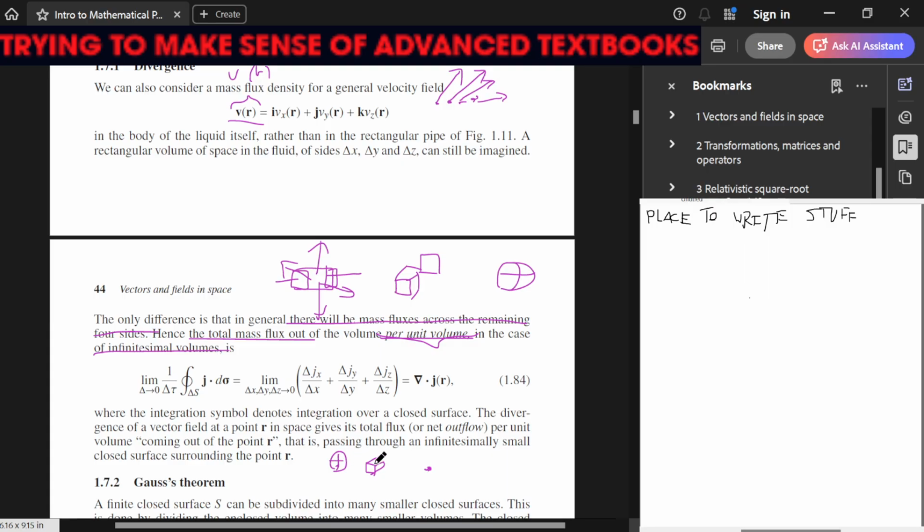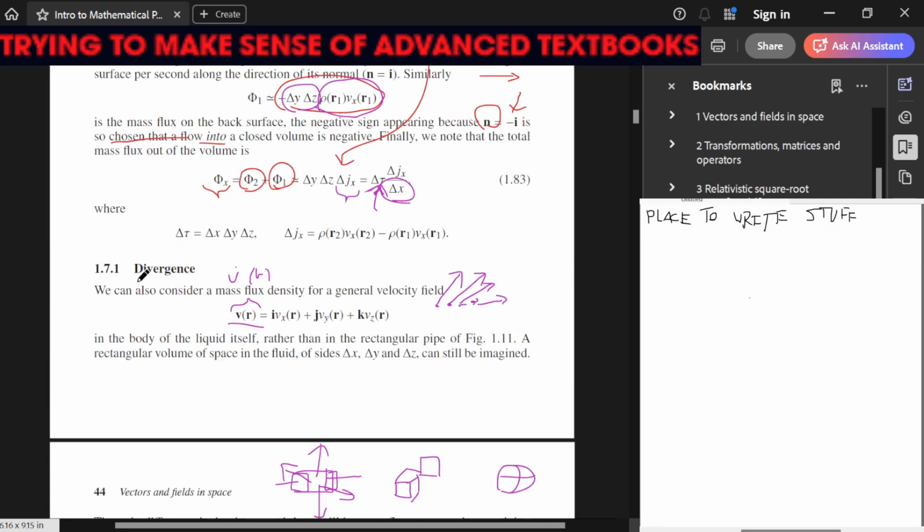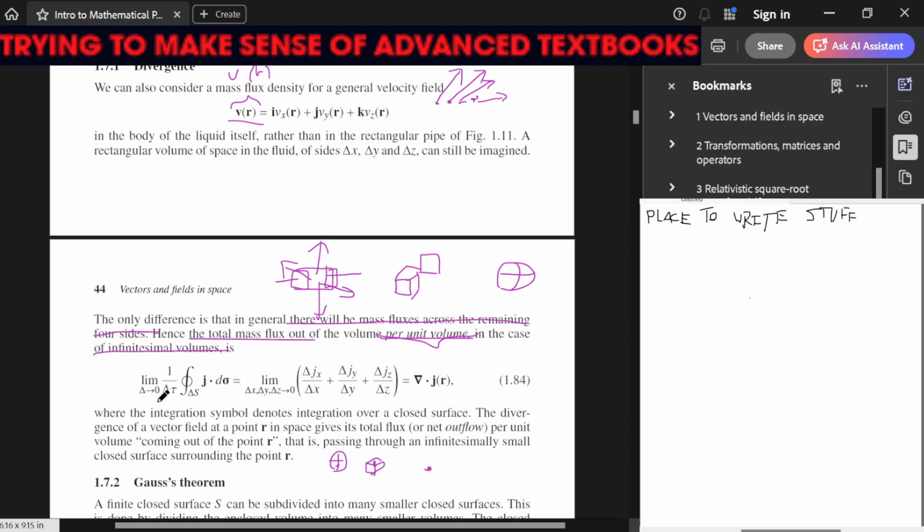So each point is surrounded by a little cube, and the divergence is this divergence. The only difference is the total mass flux. So this is the total mass flux, where the integration symbol is the divergence of a vector field.